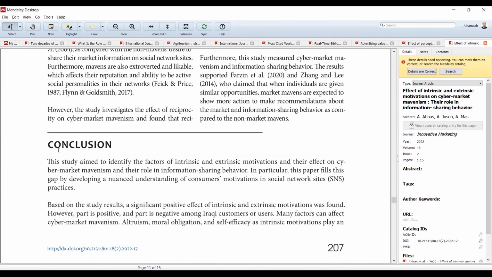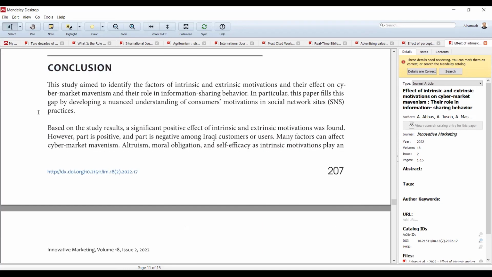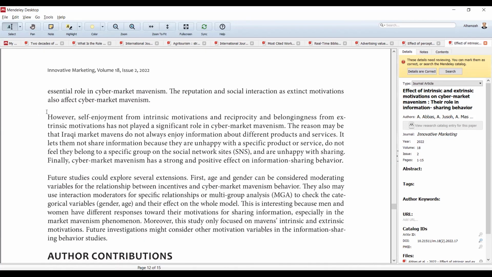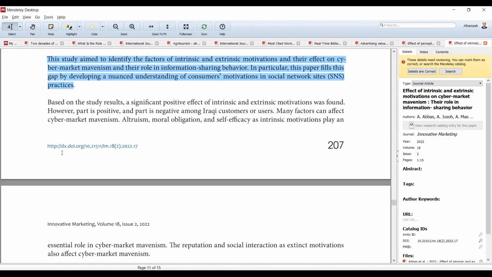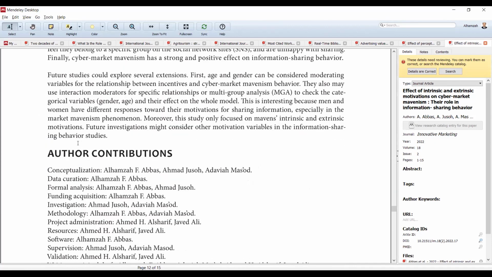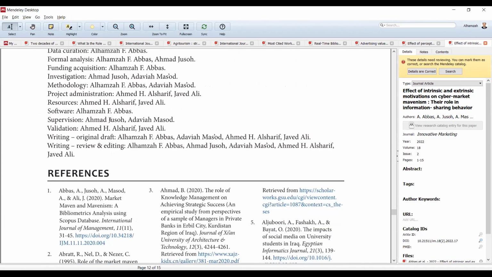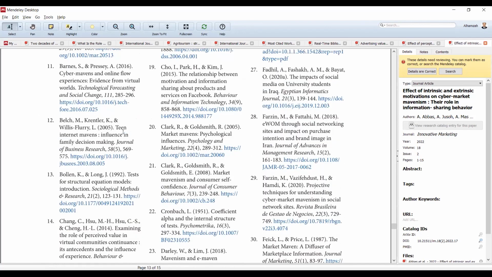And finally, I make the conclusion here. Actually, the conclusion is also part of chapter 5. You can see that the conclusion is also not very long. Okay, you conclude what you have done in your work, and finally, these are the other contributions, and you put your references. All right.